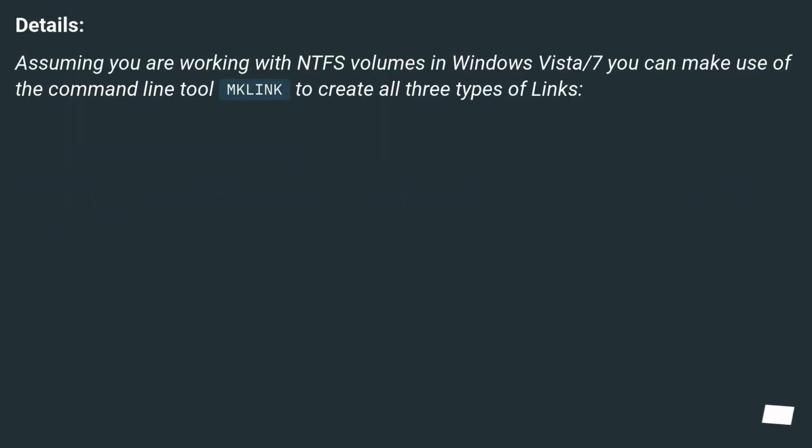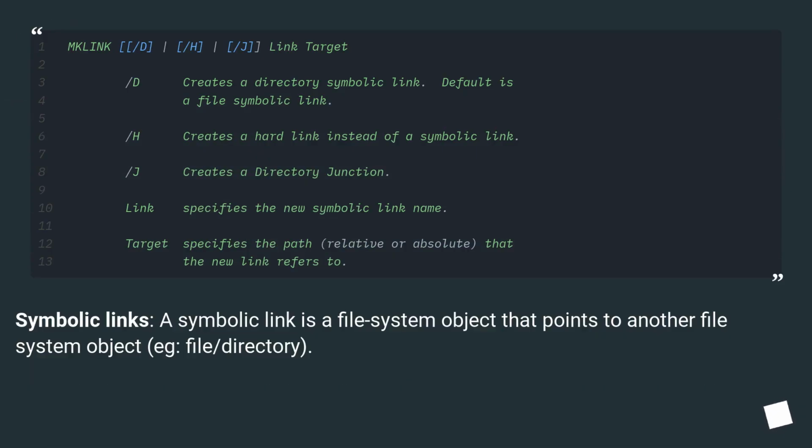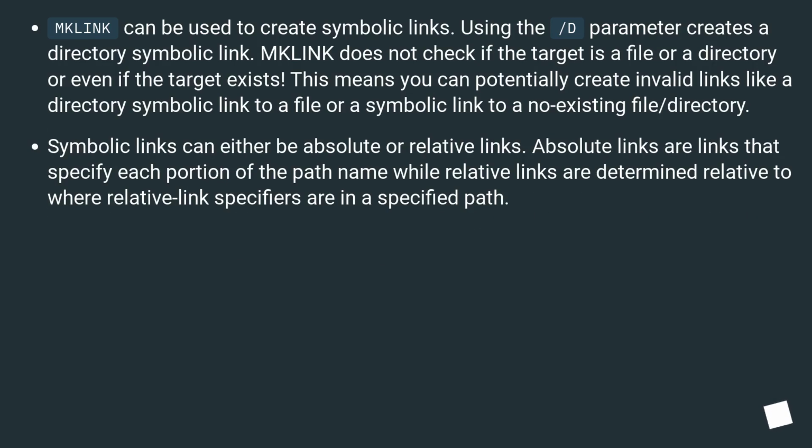Details. Assuming you are working with NTFS volumes in Windows Vista/7, you can make use of the command line tool mklink to create all three types of links. Symbolic links: a symbolic link is a file system object that points to another file system object, for example a file or directory. Mklink can be used to create symbolic links.